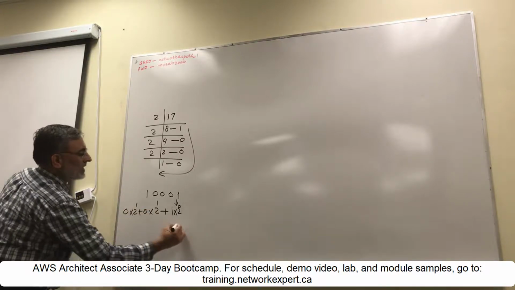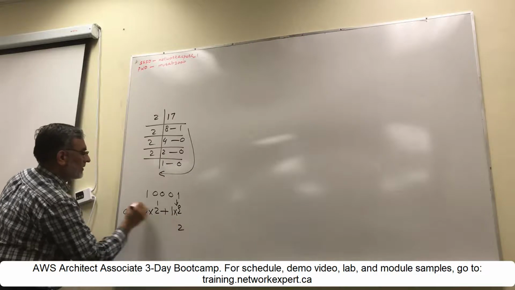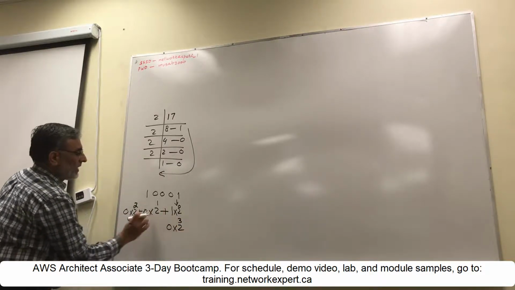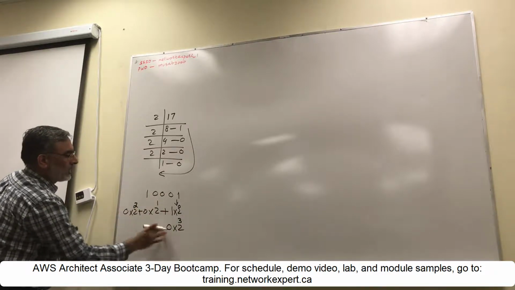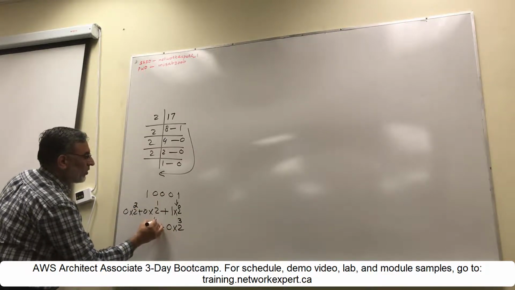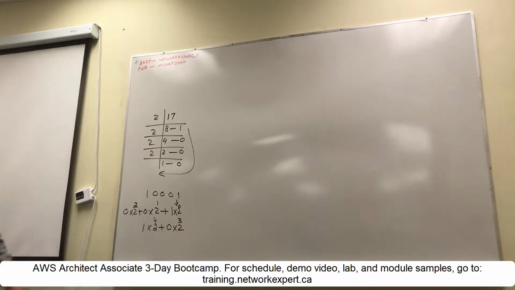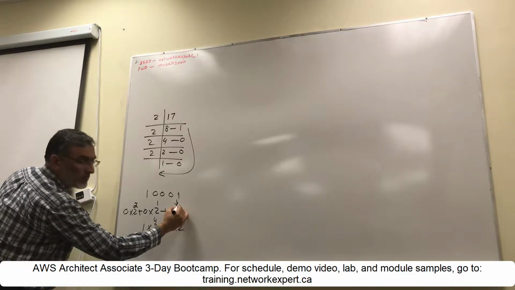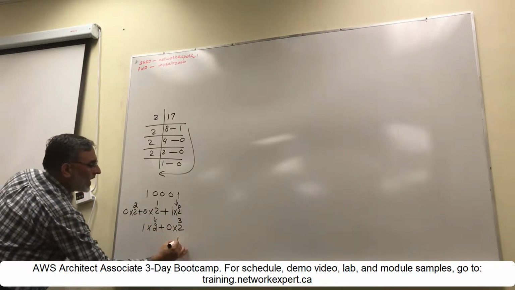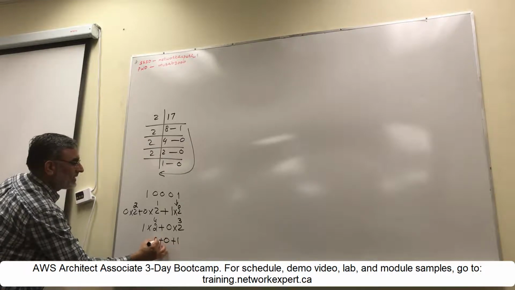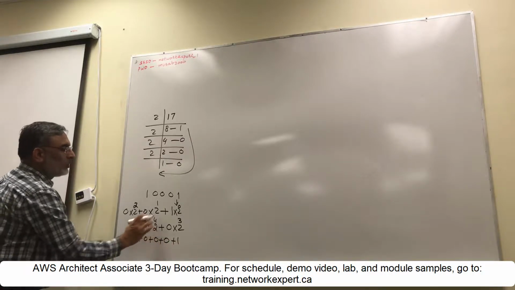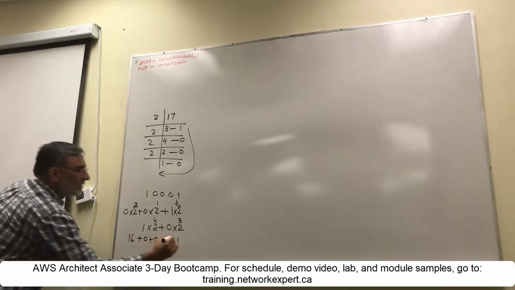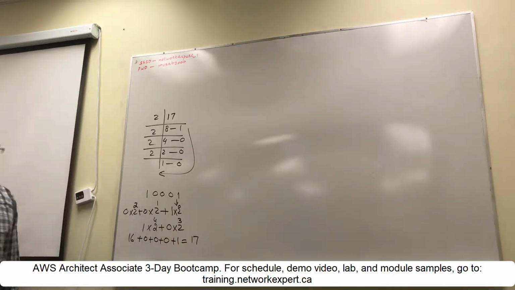So we have 3 zeros, and I'm going to say 2 raised to power 3 multiplied by 0, plus 2 raised to power 4 multiplied by 1. Okay, so when we multiply, 2 raised to power 0 is 1. Okay, 1 plus 0 plus 0 plus 0 plus 2 raised to power 4, which is 16. Okay, 16 plus 1 is 17.